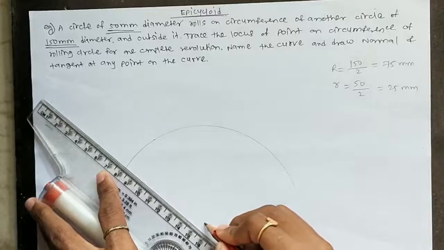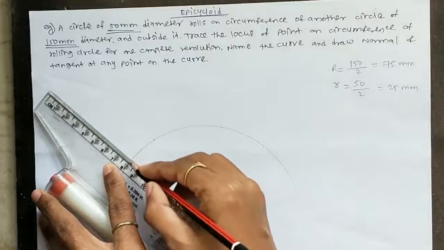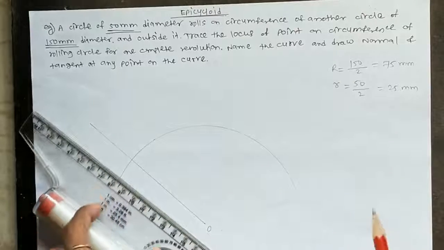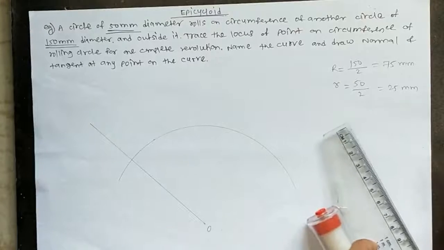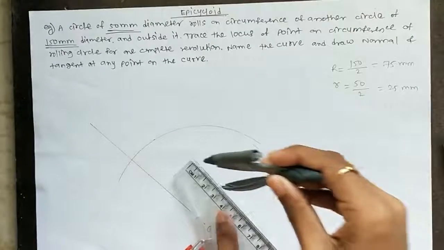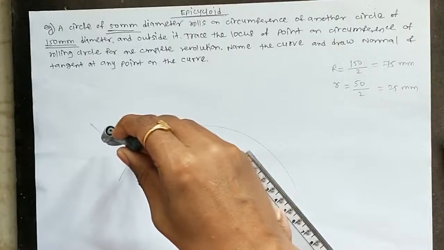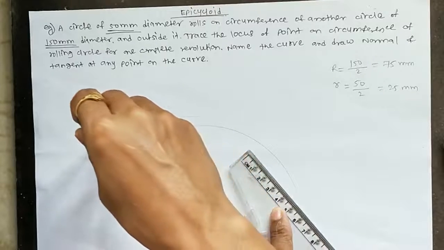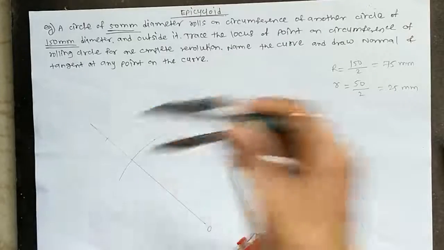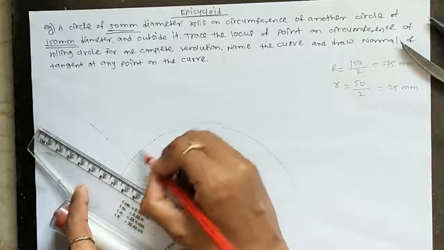Draw a line from O to this arc and extend this line, and then take radius of 25 mm and center point as 25 mm distance from this arc.